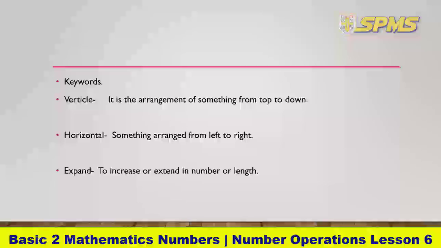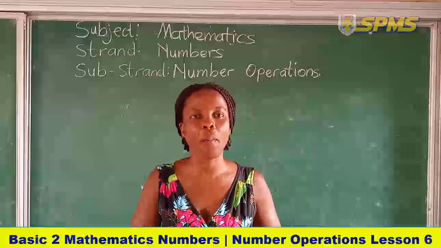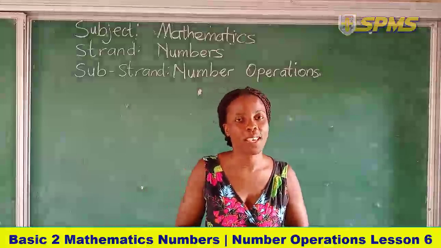What does it mean to expand? To increase, extend in number or length. So if I tell you to expand after adding, that means you should extend the numbers in their length. Good. Okay, let us do a quick recap on what we've learned last week.